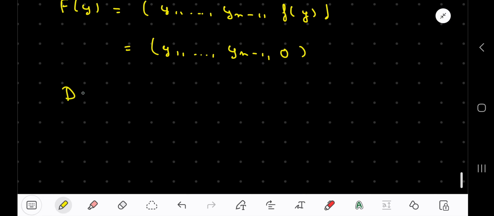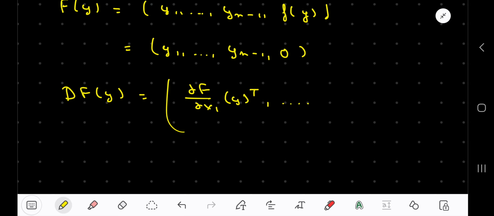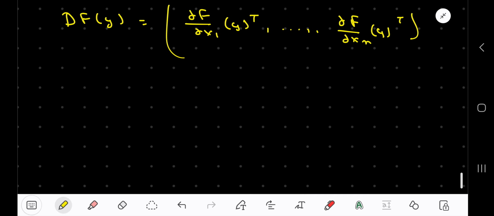Now what is the Jacobian of F at y? We know this by formula is just this. Fine, we take all of these as columns. So del f by del xn at y, and take its transpose as column.